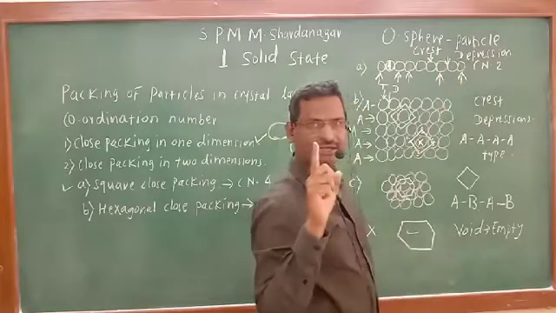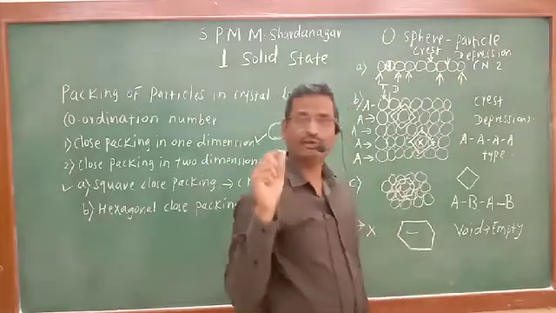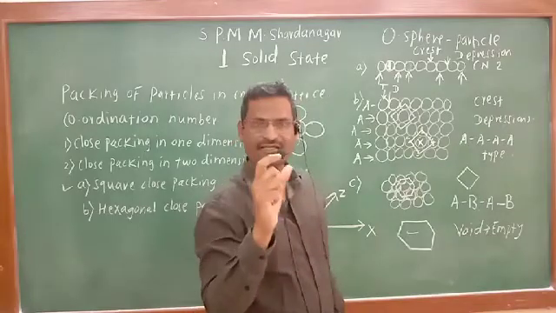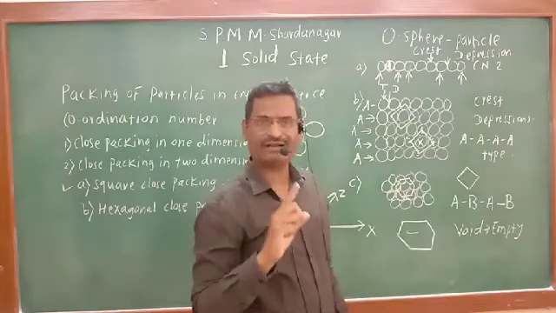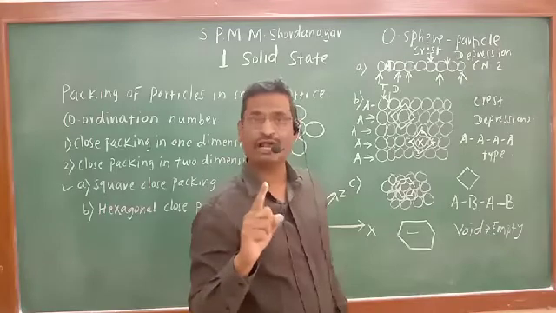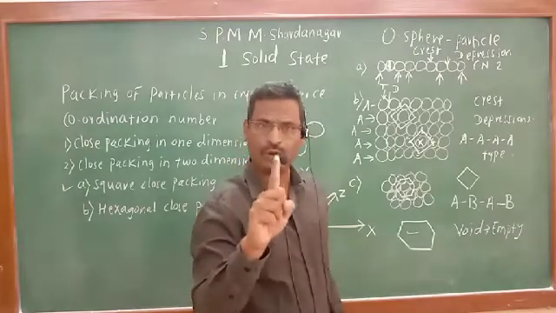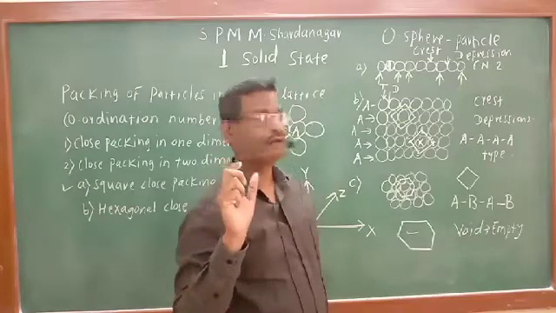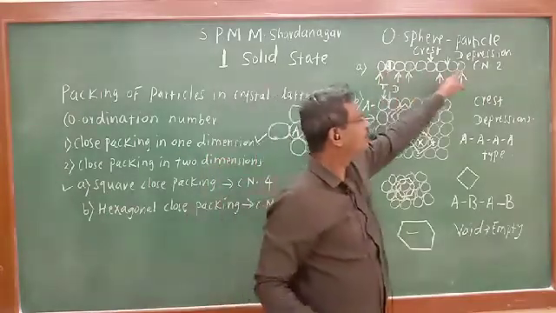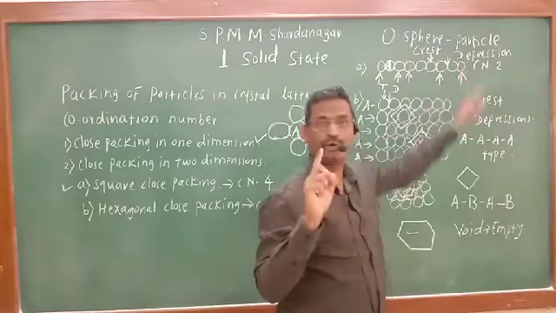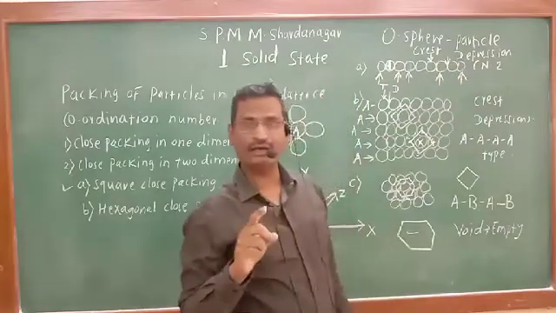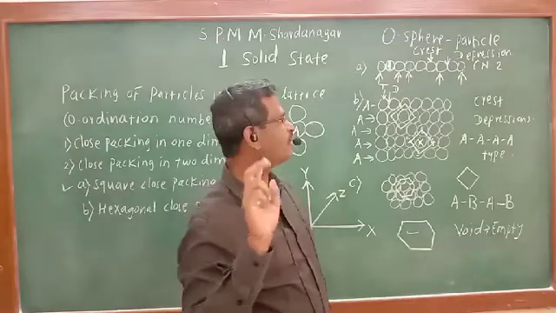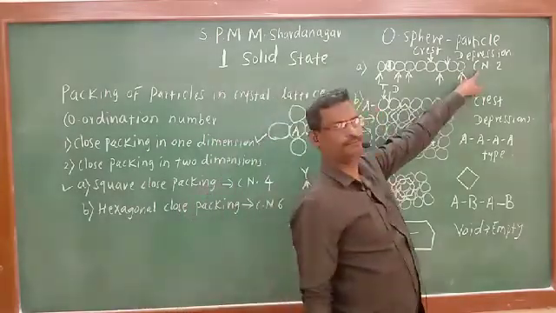Therefore the coordination number is 1. It means that in close packing, the first and last sphere will have coordination number equal to 1. But all the remaining spheres from number 2 to last minus 1, each sphere is in contact with 2 other spheres. Therefore the coordination number will be equal to 2.